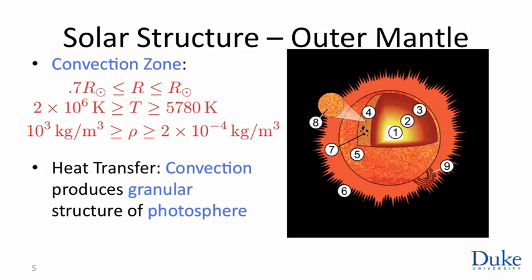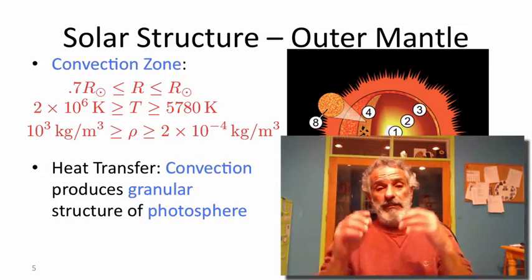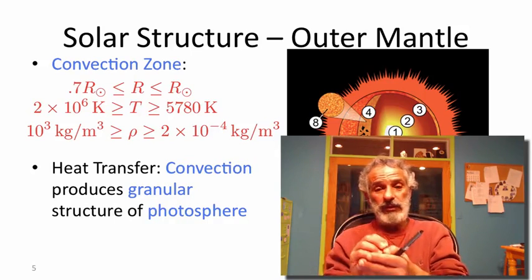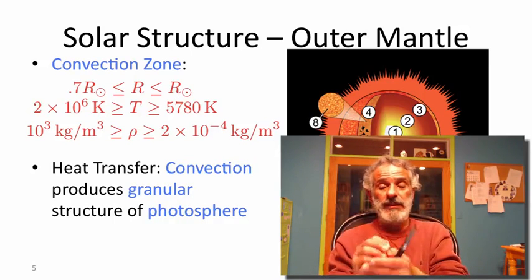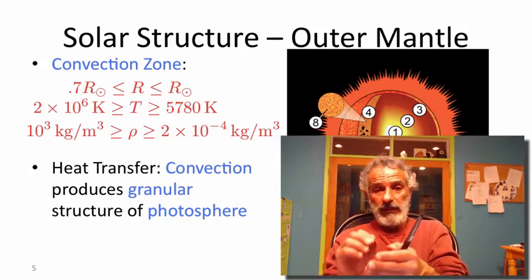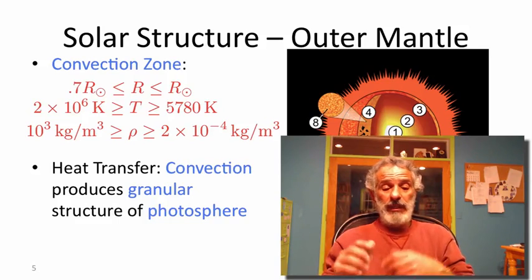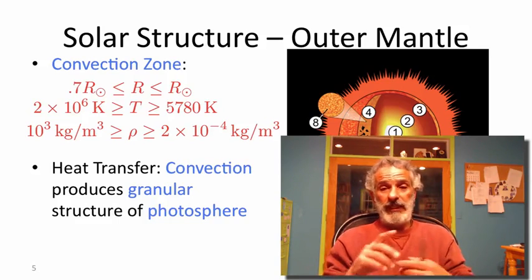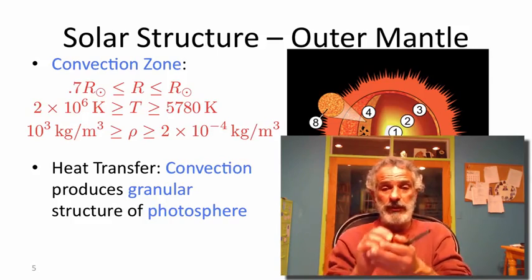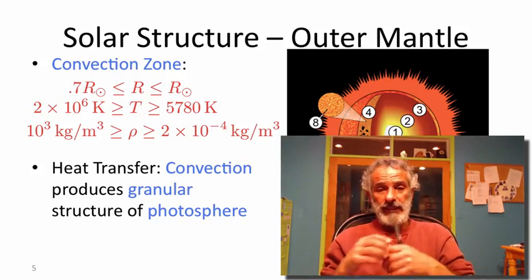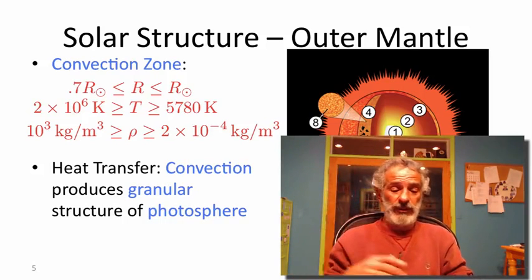In other words, in this region the plasma becomes essentially opaque, and the most efficient mode of heat transfer becomes convection: hydrogen that is heated at the inner bottom of the convection zone by the incoming radiation from the radiation zone rises, and then cools when it reaches the surface, and then sinks again, so you get these convection cells.